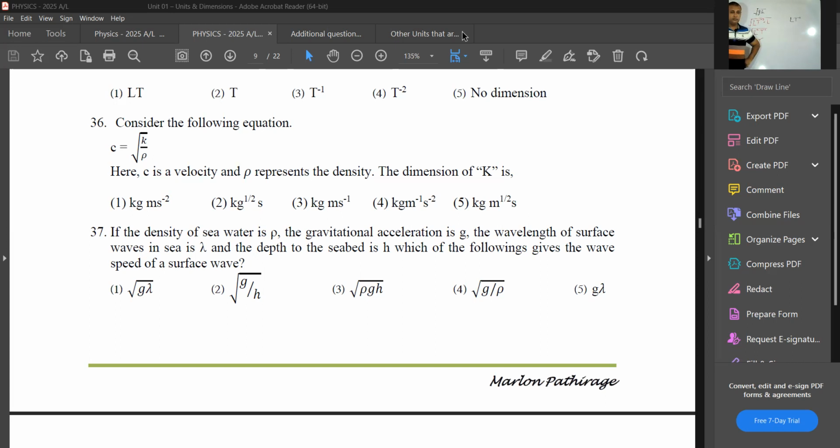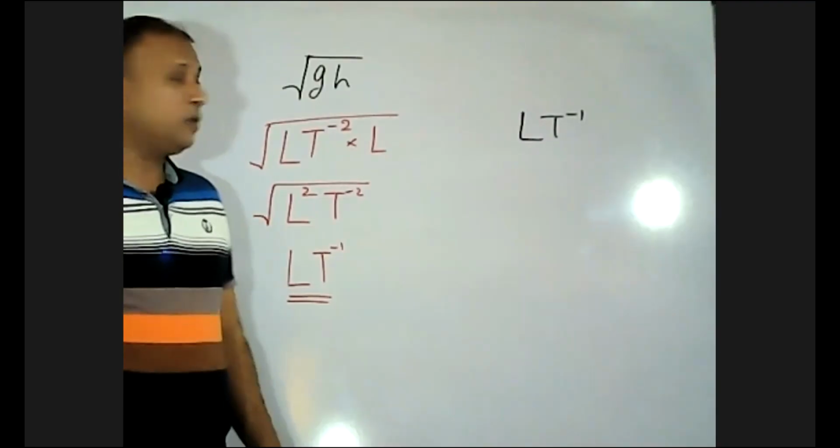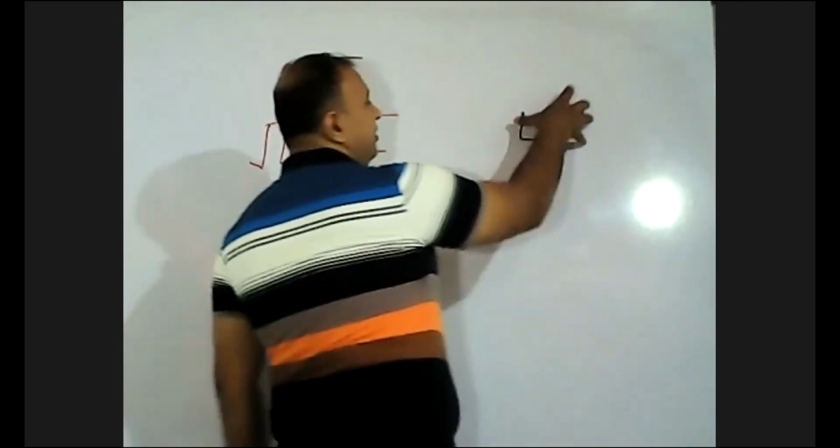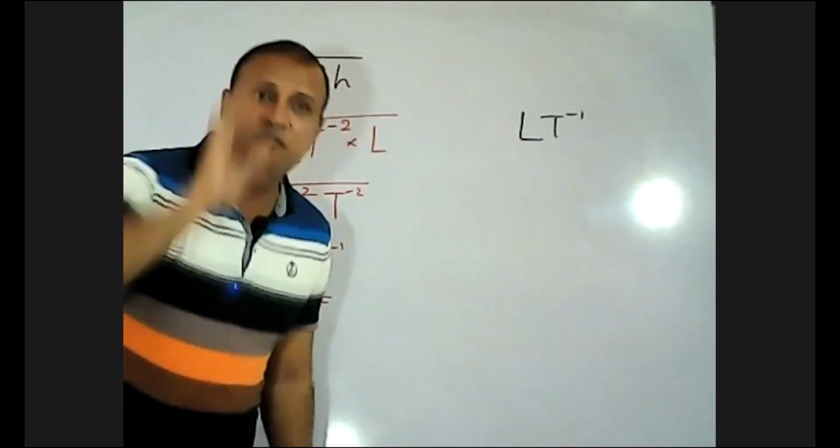Because it asks about the speed. Yes, answer about speed, but why do I reject this one? If it is a speed, according to the dimension of speed, there isn't any m value, no?